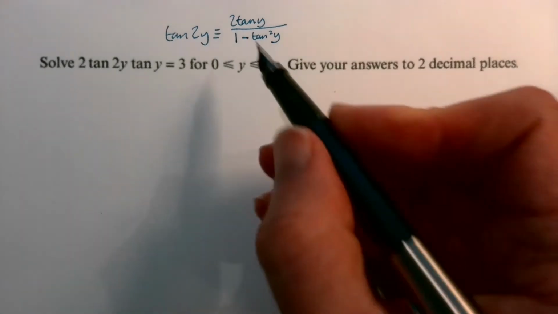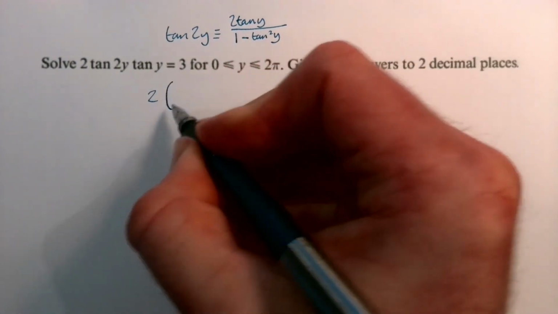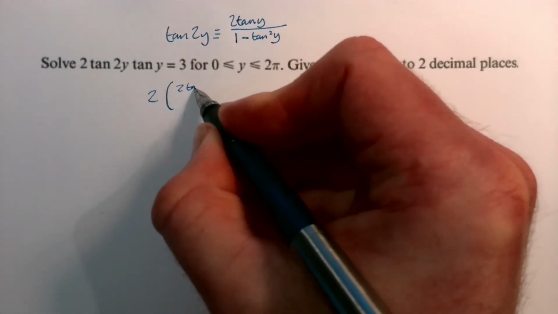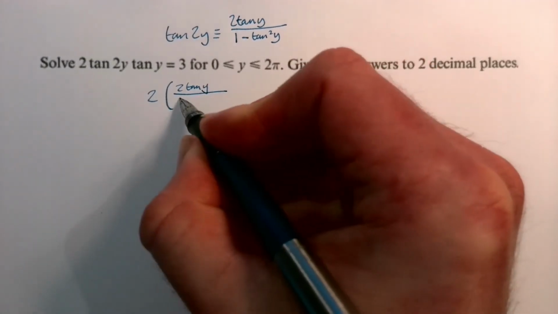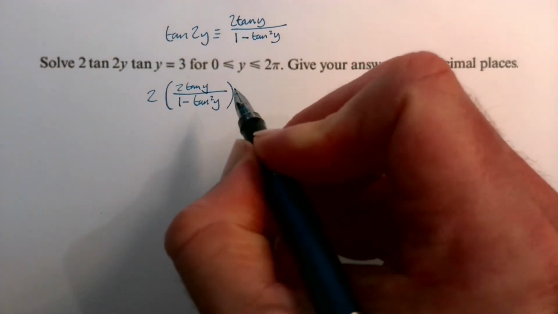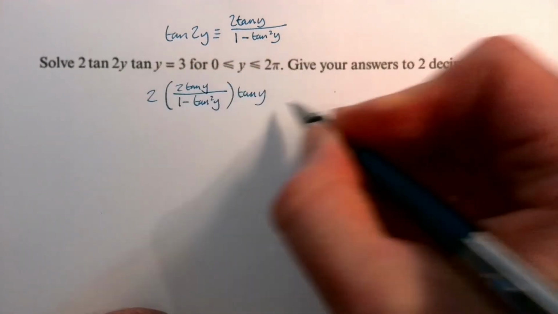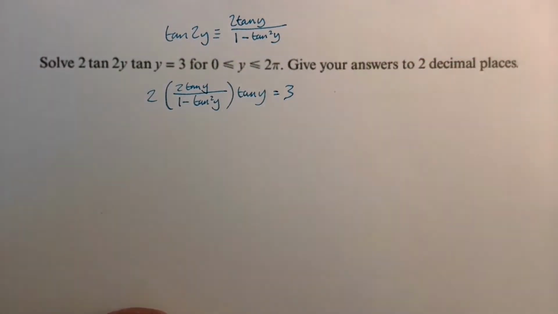So that's what we're going to plug in to here. So that's going to give us 2 tan y all over 1 take tan squared y, and we're going to times that by tan y because that's there, and that's all equal to 3.